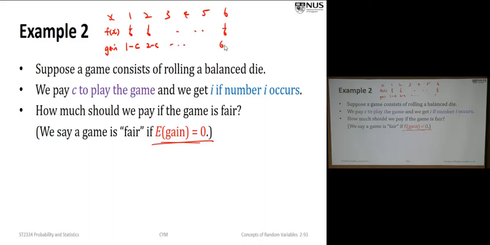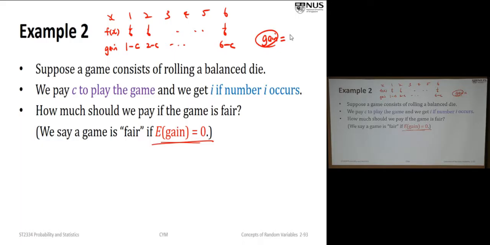Now, let me ask you about the gain. Can I express this gain, which takes the values 1 minus C, 2 minus C, 3 minus C, and so on, as a function of the random variable x, where x is the outcome of this die? So it's already there.